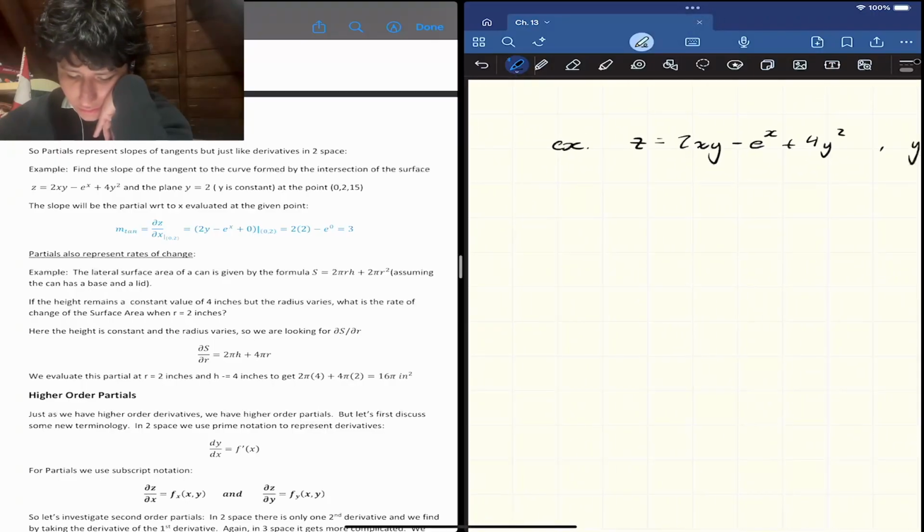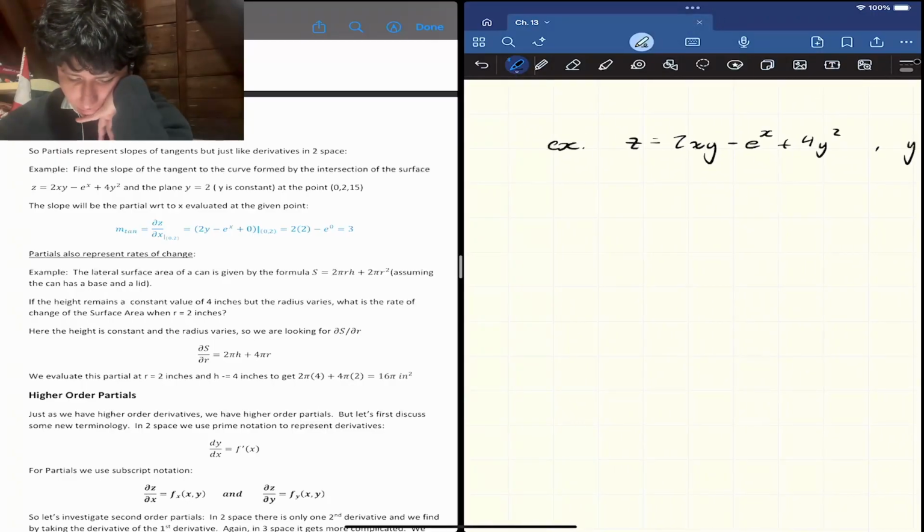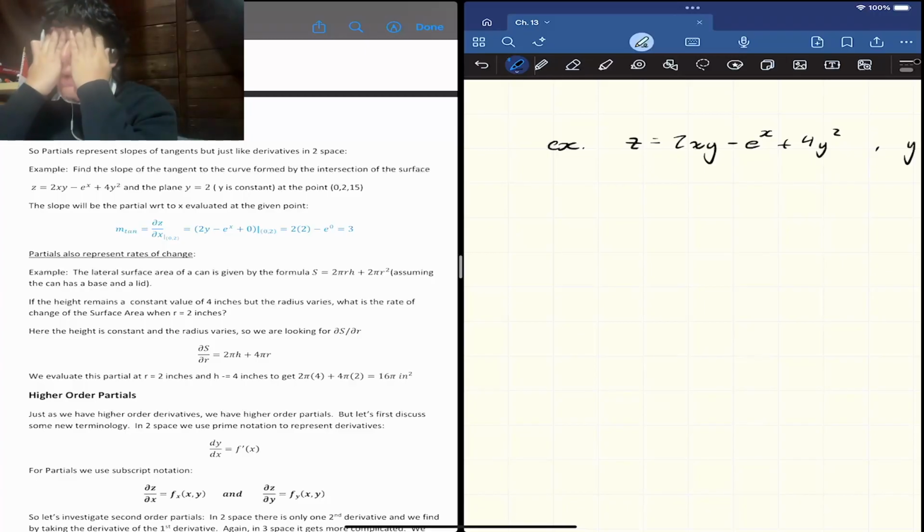So it's saying to find the slope of the tangent to the curve.